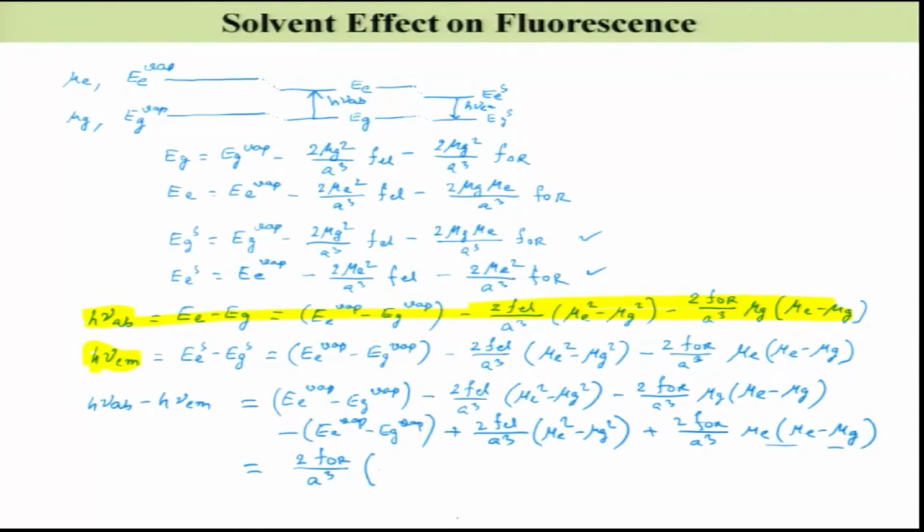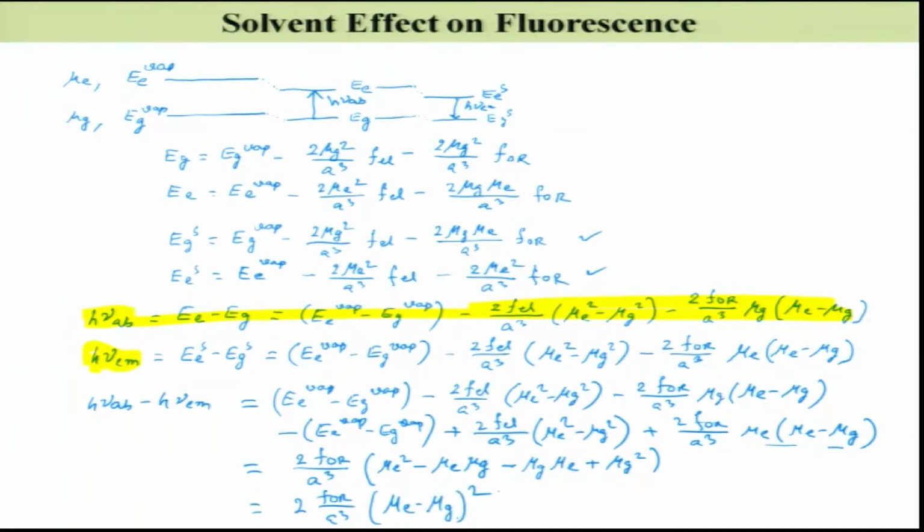So, this is nothing but mu_E square minus mu_E mu_G, minus, then here is, plus mu_G mu_E plus mu_G square. So, this is equal to twice F_OR by a cube into (mu_E minus mu_G) whole square.